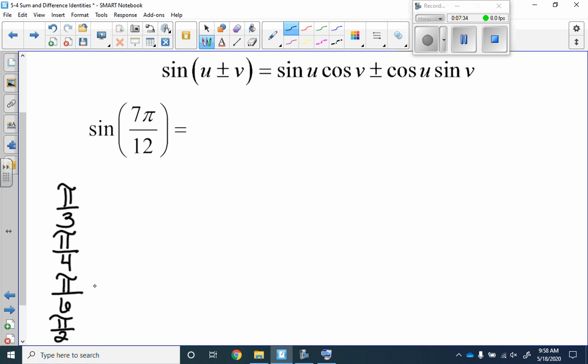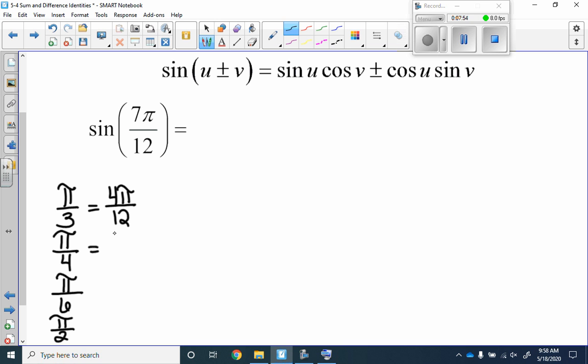With all of these, when you're adding or subtracting and working with fractions, you need to have common denominators. So I'm just going to rewrite these so they all have a common denominator, which would be 12. So pi over 3 would simplify to 4 pi over 12.